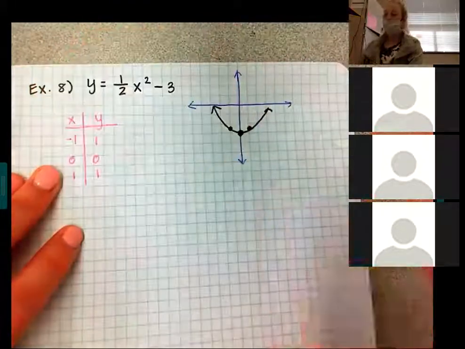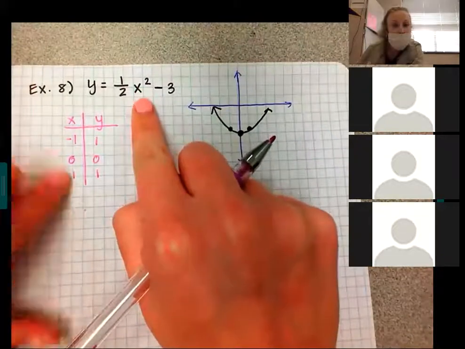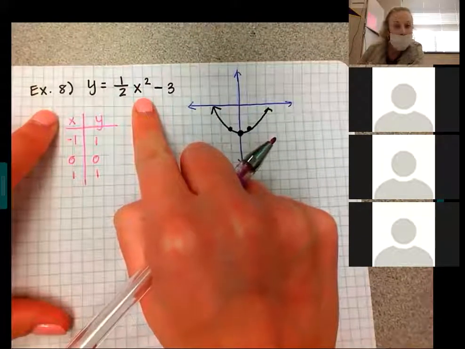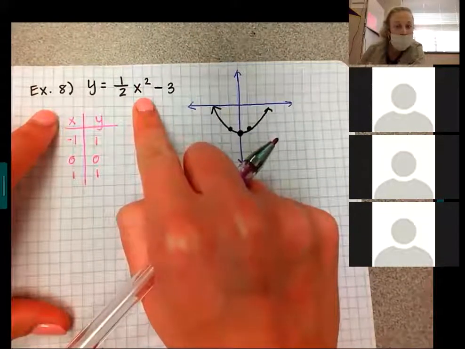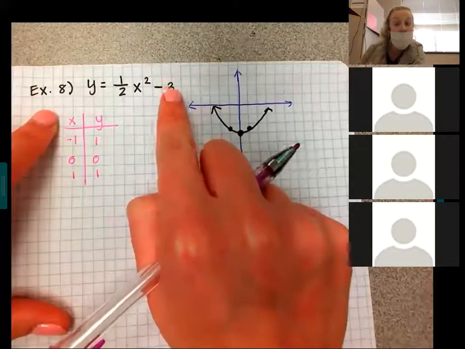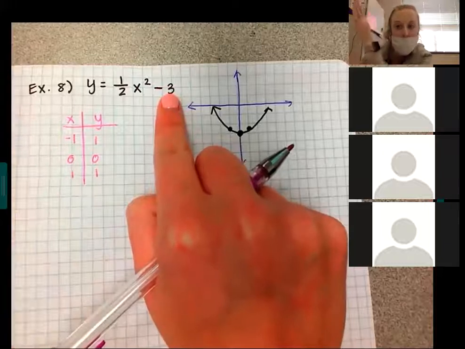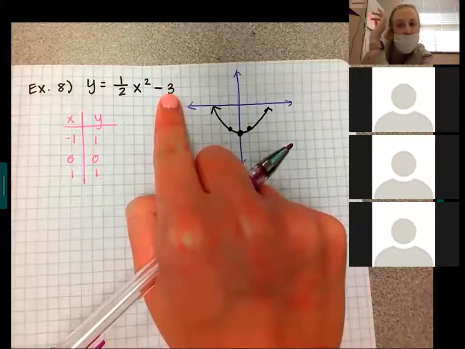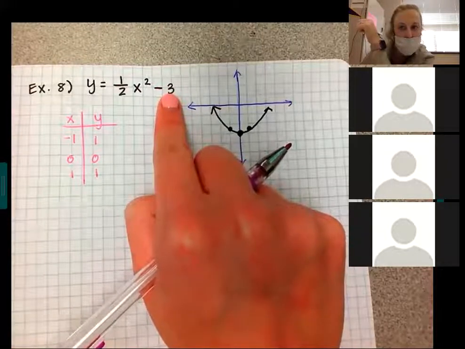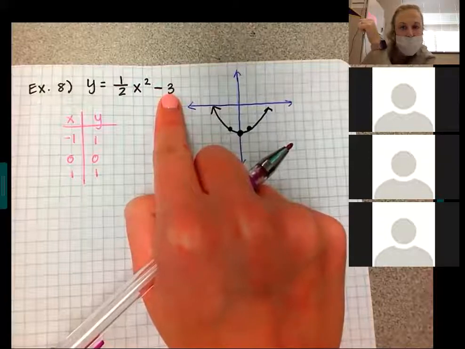So look, we're not moving the x's any, right? Okay, we are moving it down 3, but before you can even do down 3, think about PEMDAS. What comes first, multiplication or subtraction? Multiplication.